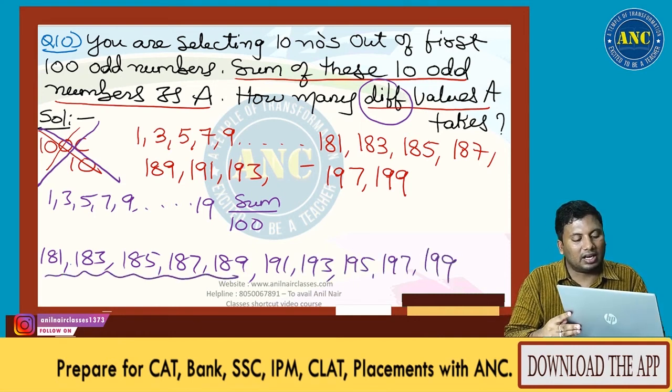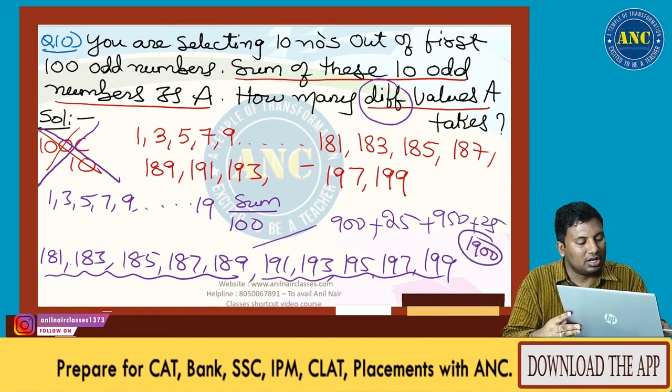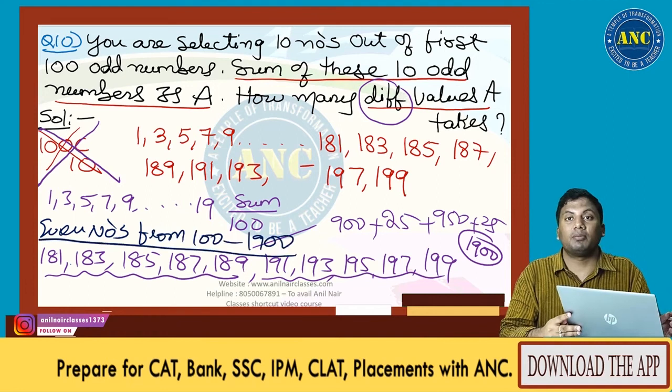The 185s are 900, and 195s are 950 plus 25, which is nothing but 1900. That means I am getting all even numbers only. I have to take all even numbers from 100 to 1900. Why all even numbers?